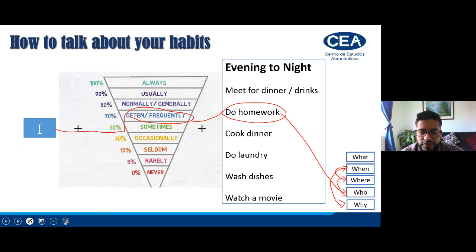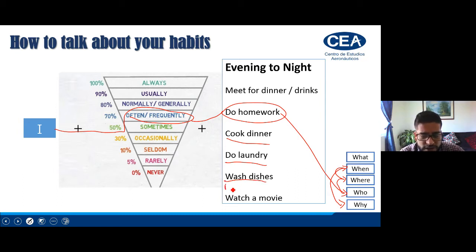And also we have some expressions like cook dinner. Okay, so maybe you are more familiar with this expression. Do laundry. Okay, we explained this expression at the beginning. Do laundry. Do you remember? That is something related to washing your clothes. So this is the same. Do laundry. Another possibility, wash dishes.